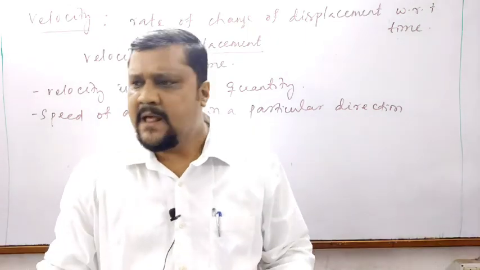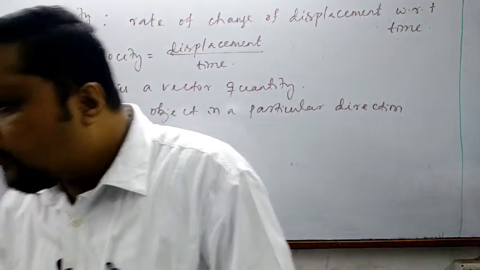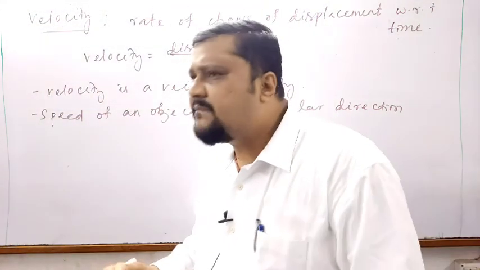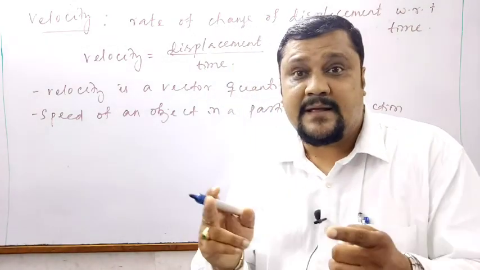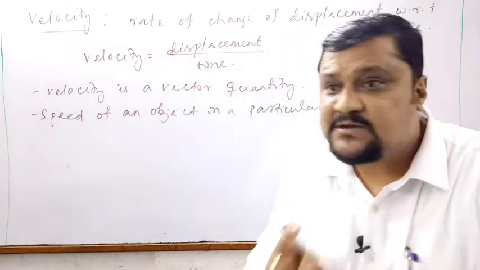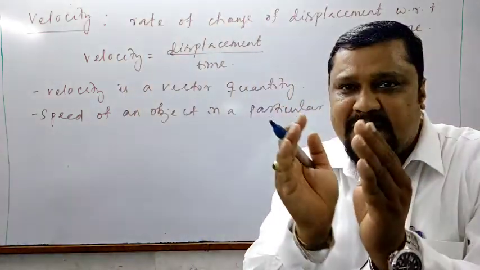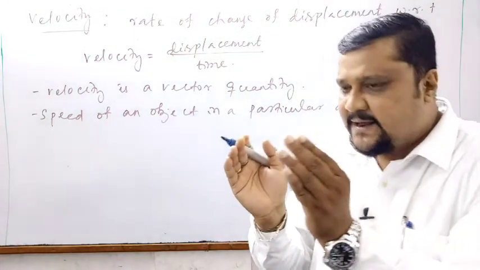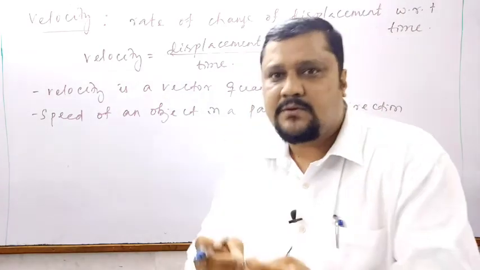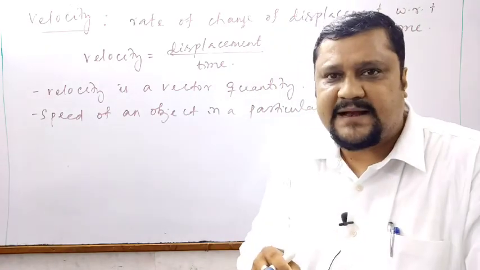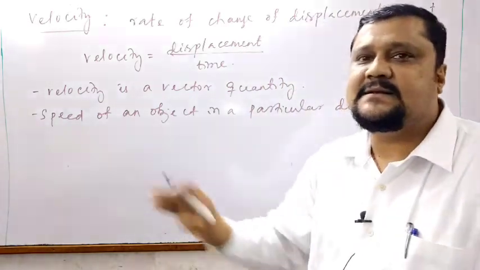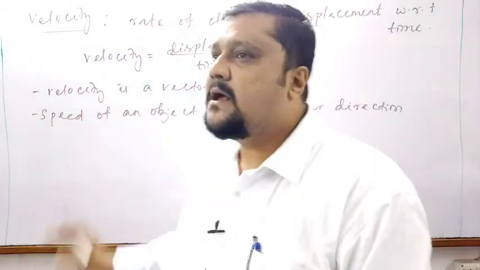I can say I am moving with a speed of 5 km/h, but my velocity is 5 km/h towards north. The speed gives the magnitude, and together with the direction it is known as the velocity.